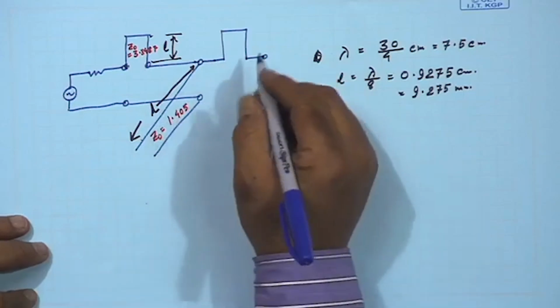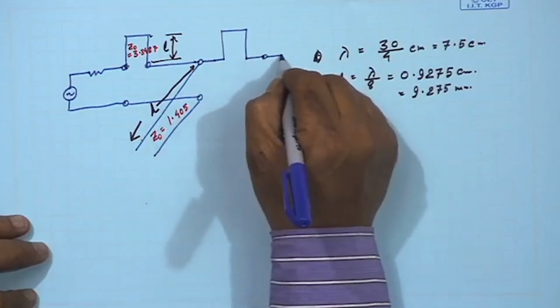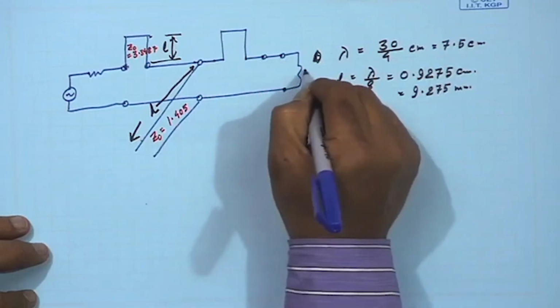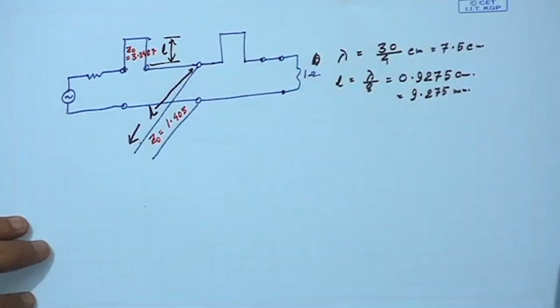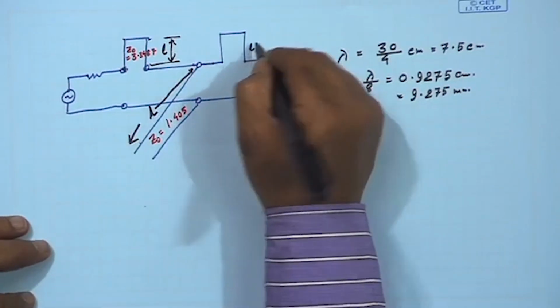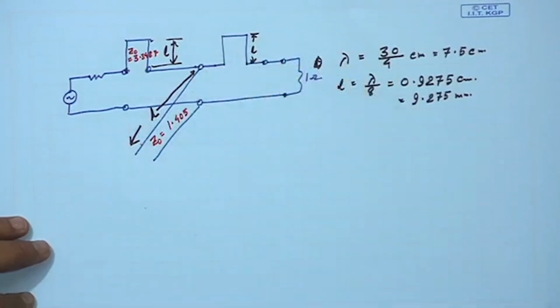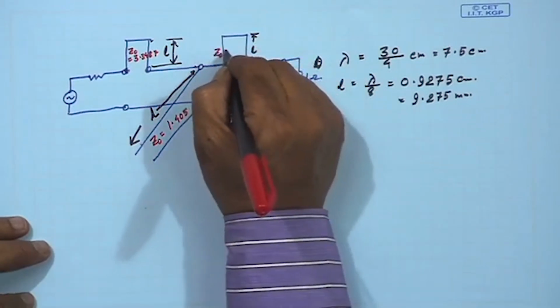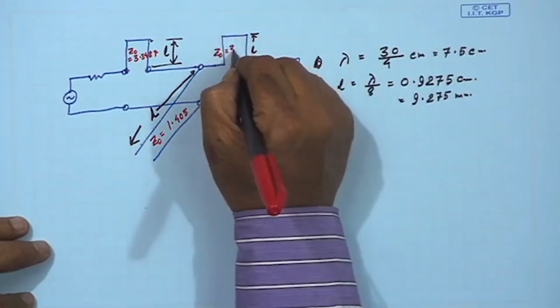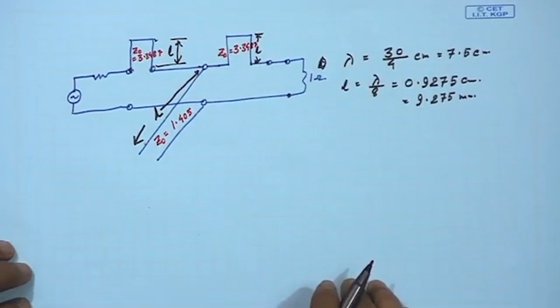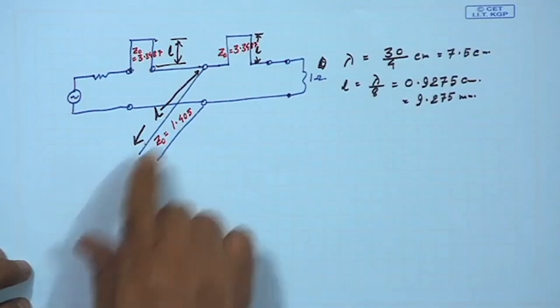And then from there this is a resistance of 1 ohm. So, what is this value again? Let me say that this is L and this Z naught is 3.3487.